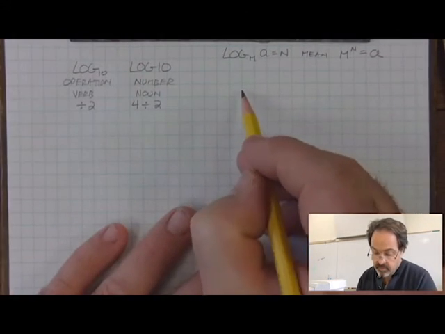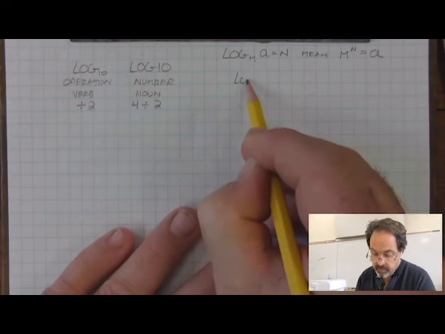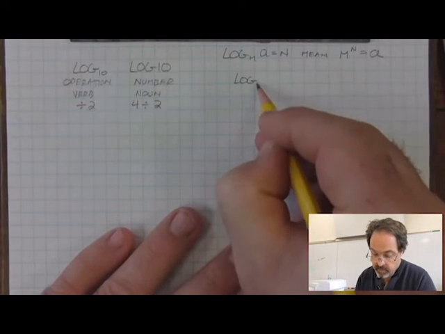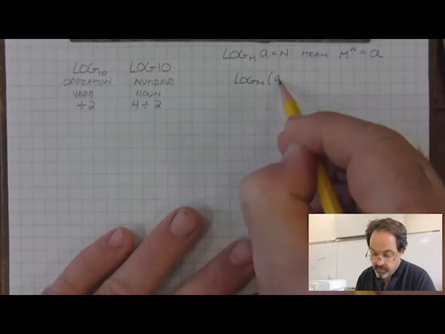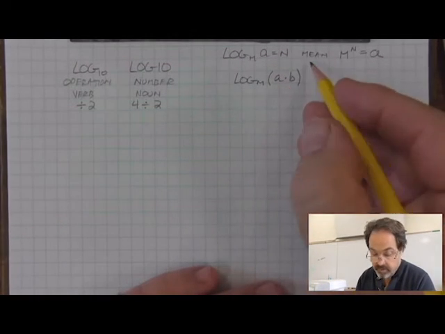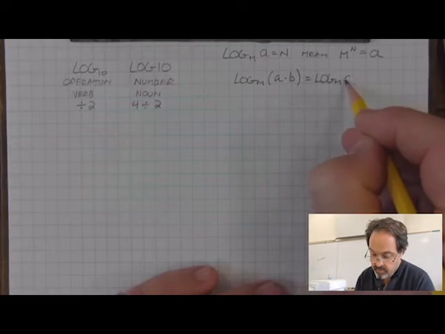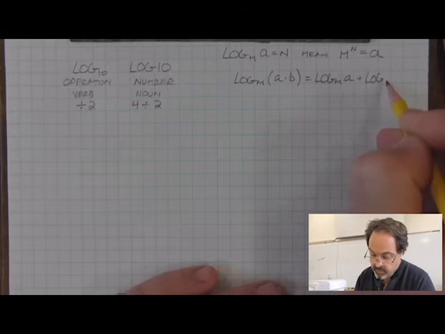Log properties can be very useful. Very quickly, I'm going to list log properties that are worth committing to memory. Log base m of the product a times b can be converted into log base m of a plus log base m of b.